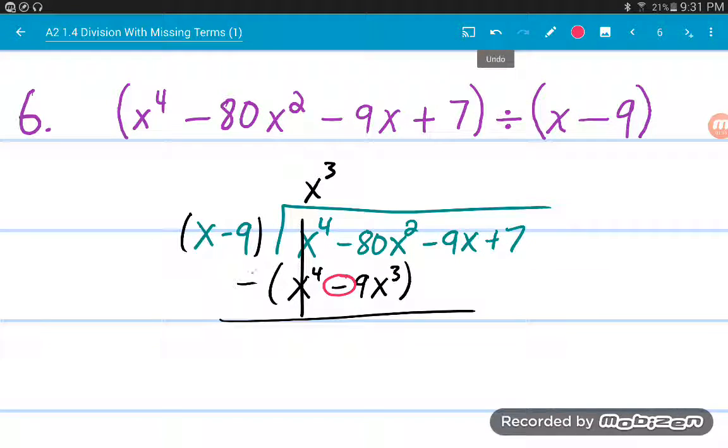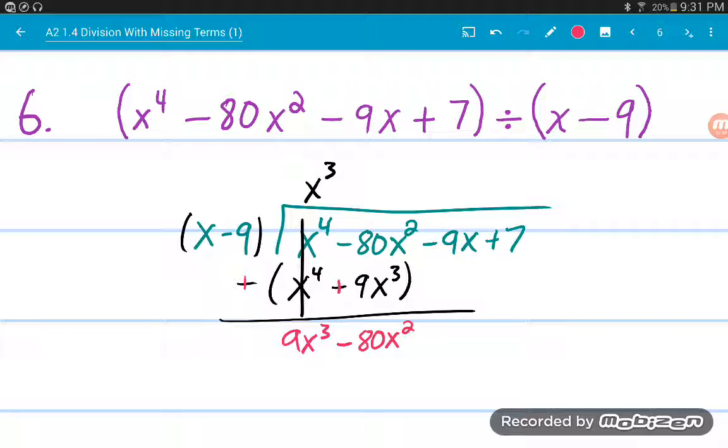This 9x squared has two negatives on it. Two negatives negate each other and make it positive. So there's going to be a positive 9x cubed. We have to bring down the largest power first. The 3 is larger than the 2, so we bring down the 9x cubed first, and then the minus 80x squared.